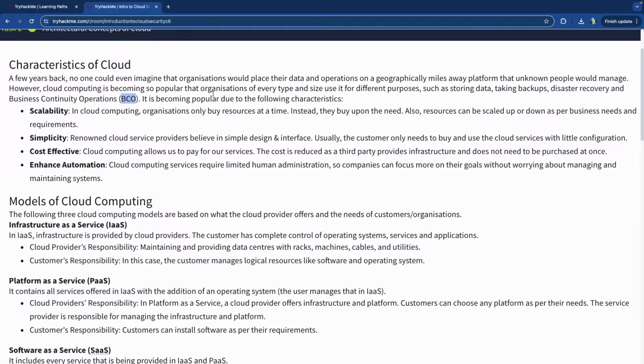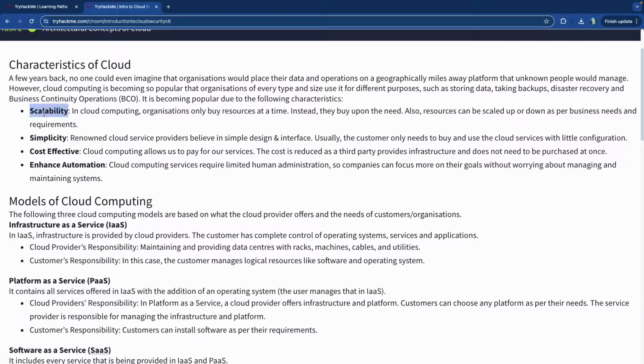And there are a lot of different reasons for this, benefits for this. Purposes. There we go. That's a good word. So storing data, taking backups, disaster recovery, all of those things fall under continuity. So being able to continue operations for a business, all of those things are really important to do that.